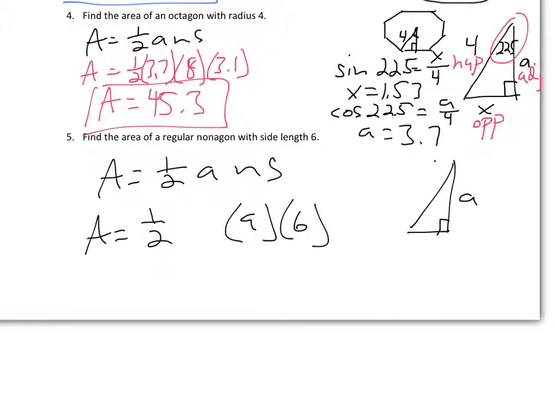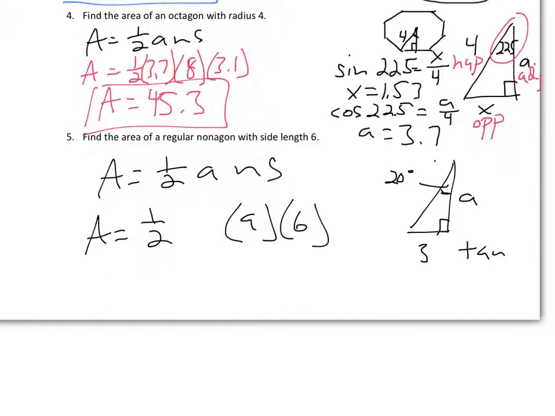Well, a couple things you can learn from this. If you have the side length as 6, then you know this bottom side is half of 6, which is 3, right? And all we have to do is find this angle, which we know is 360 divided by n, which is 9, divided by 2, which is 20. So that's 20 degrees.